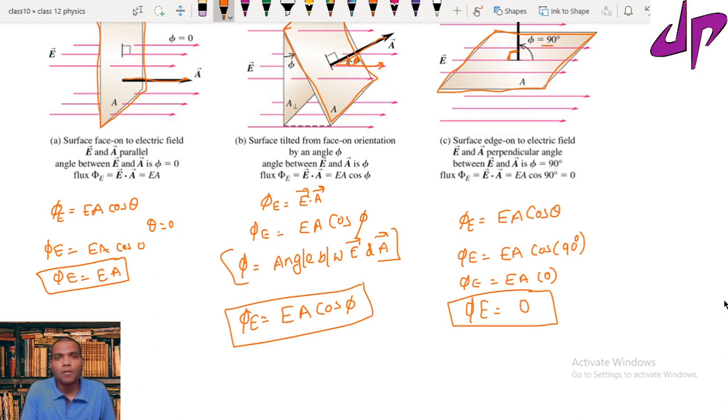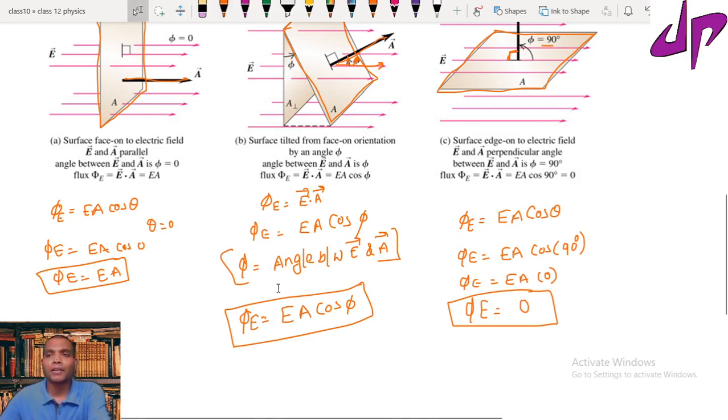If you know the phi value, we can substitute it there. So that is the way to calculate the flux. Flux depends upon the electric field and the area and the angle between the electric field vector and the area vector.